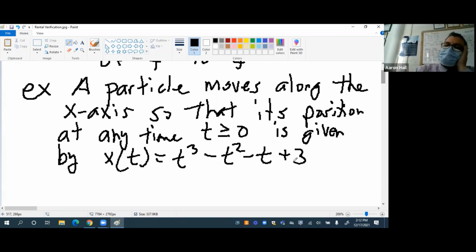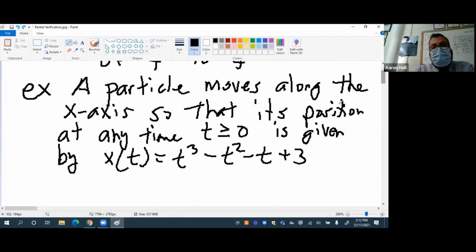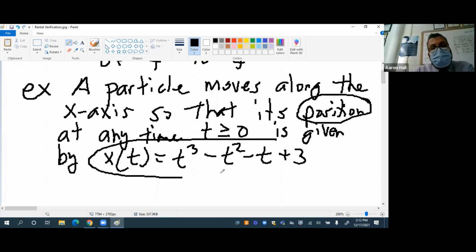Now there's something else in this equation that indicates that this is a position function. What is it? Miguel?